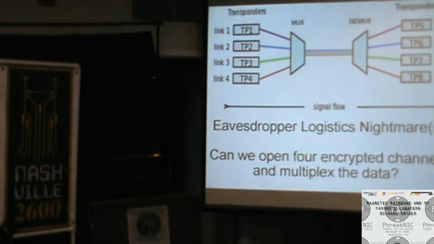As long as the client knows what tunnel to look for and how to resequence the data, there's no problem. We could do this very easily. Now, imagine you're an eavesdropper, and you want to hear the whole conversation. Well, if you just focus on any one tunnel, you don't get the whole conversation. So this is meant to be a logistic nightmare.